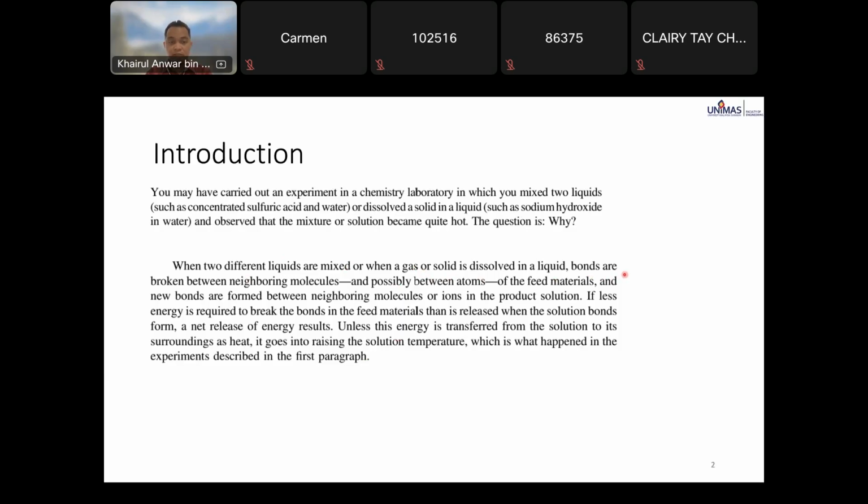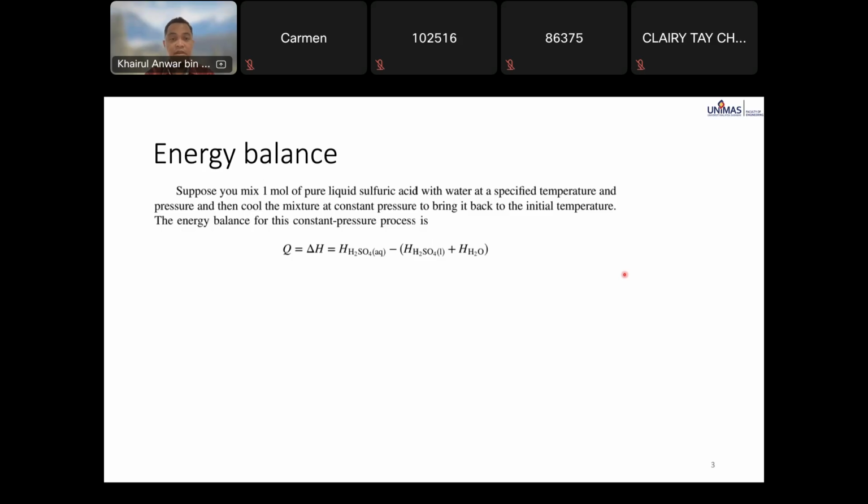If less energy is required to break the bonds in the feed material than is released when the solution bonds form, a net release of energy results. Unless this energy is transferred from the solution to its surroundings as heat, it goes into raising the solution temperature, which is what happened in the experiment described in the first paragraph.